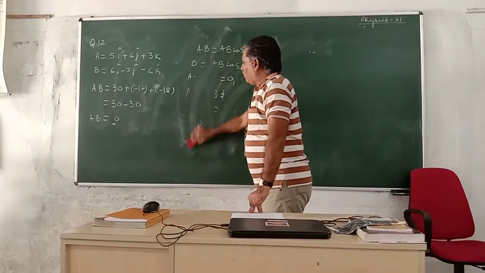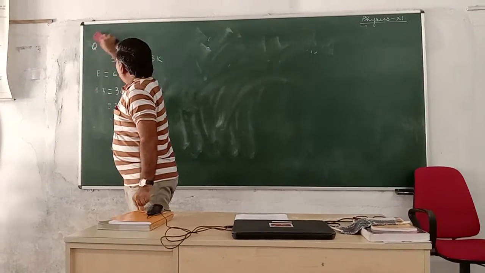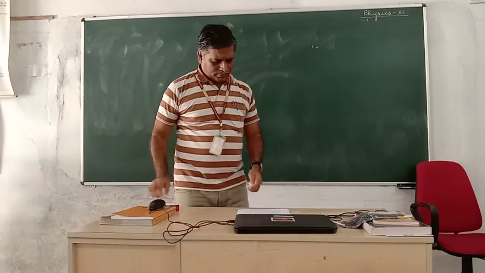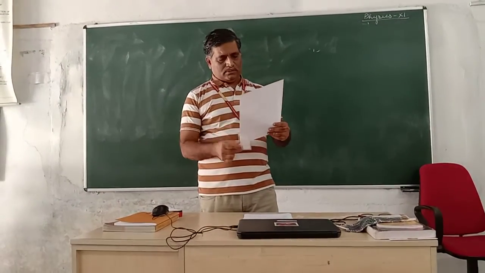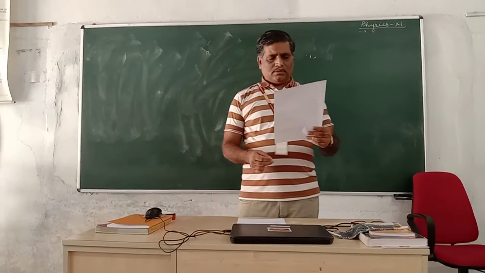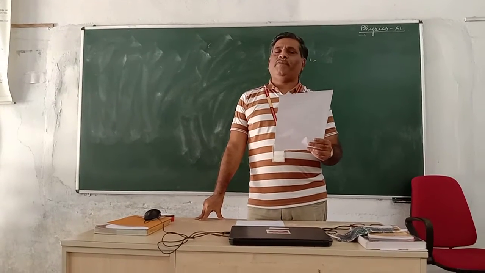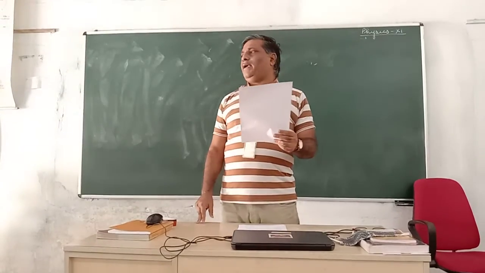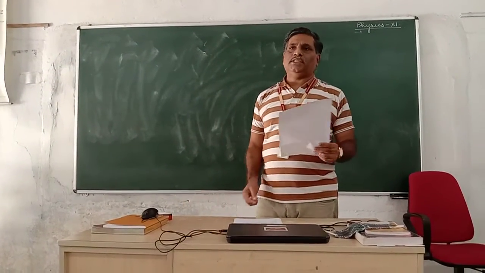Next one, the 13th question. The vector A has a magnitude of 5 units and vector B has a magnitude of 15 units, and their dot product A dot B is 30.